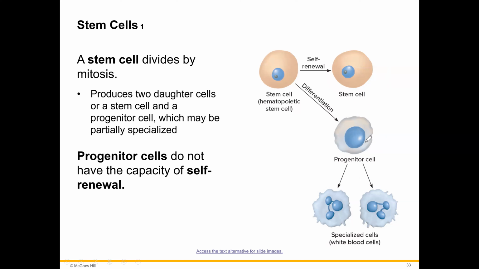This is important to remember about stem cells. Not only will they differentiate into specialized cells, but they also keep their population. They self-renew their population. And again, as I said, I will have a separate lecture on stem cells.